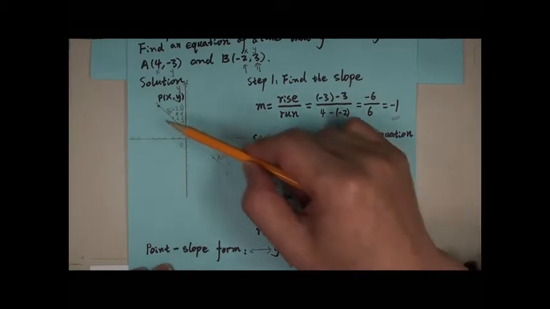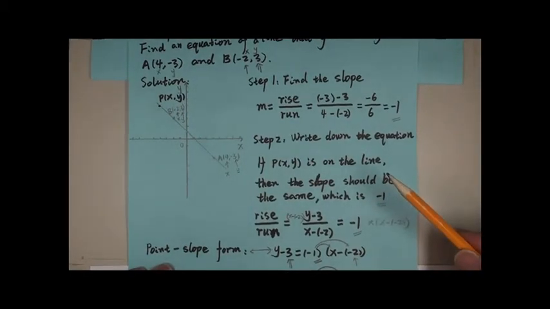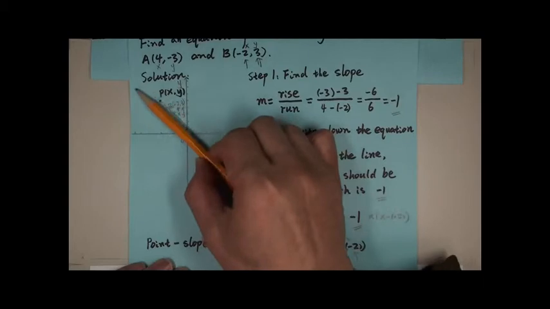Because all the points on the same line should have the same slope. That's why they stay on the same line.